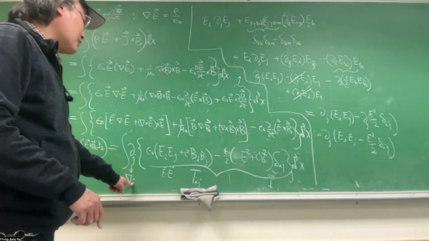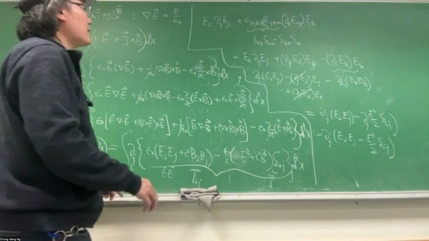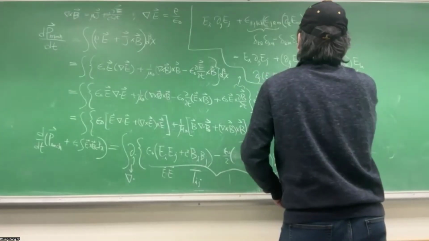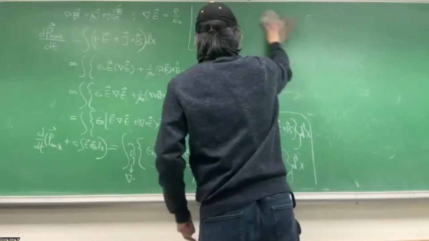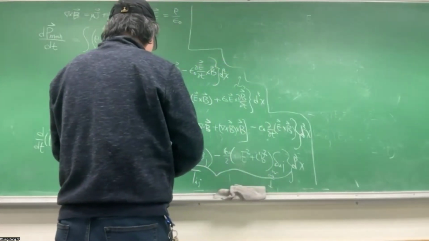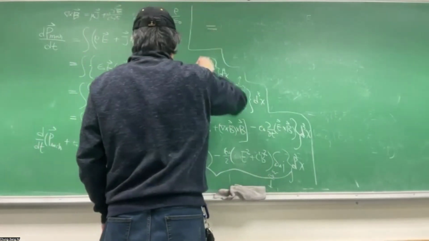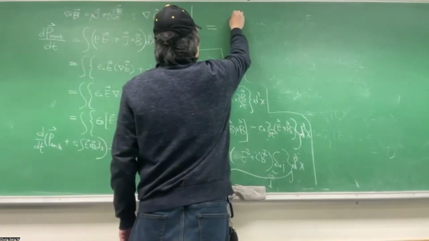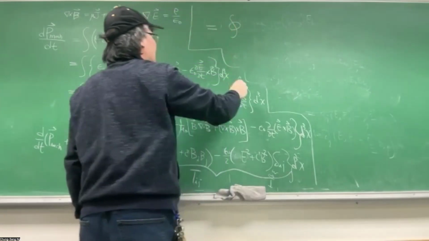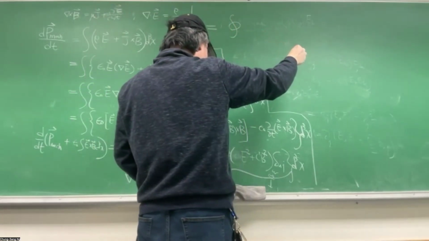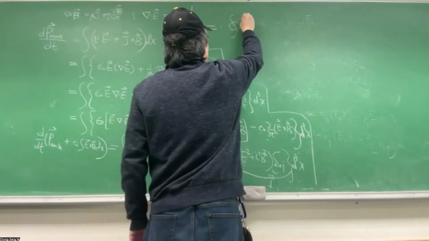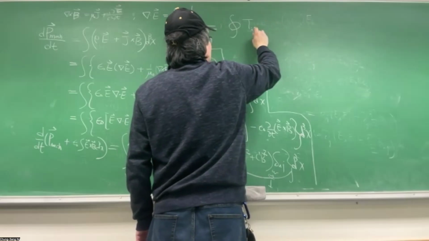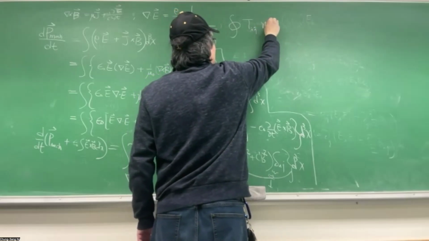And another step, because it's a total divergence, the right hand side can be changed to a surface integral as before. This is a total divergence of the index, so you can say it's the surface integral of, instead of the divergence of T_ij, it becomes T_ij, and then the normal in the j component, n_j.